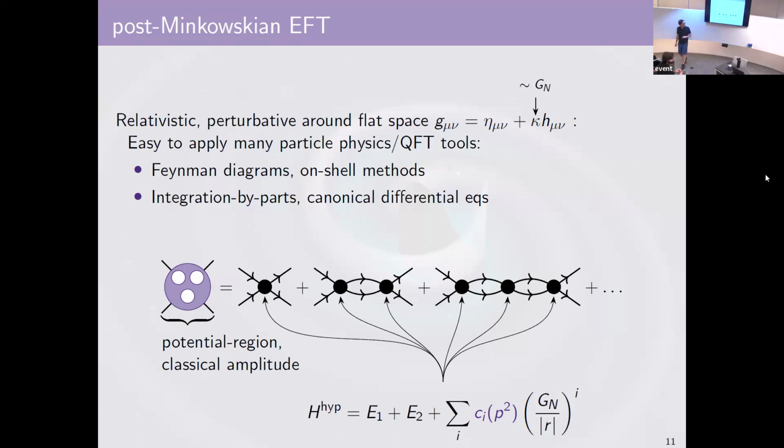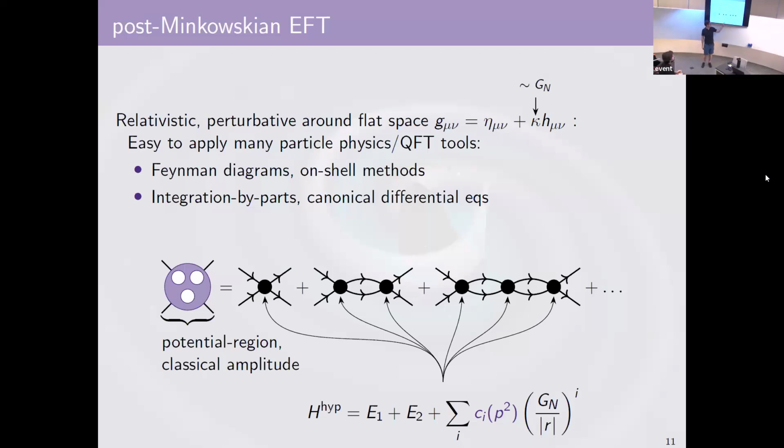The basic idea with the post-Minkowski EFT is that you're going to compute some classical scattering amplitude, and you're going to match that onto some iterated hyperbolic encounter Hamiltonian with a two-body interaction potential.